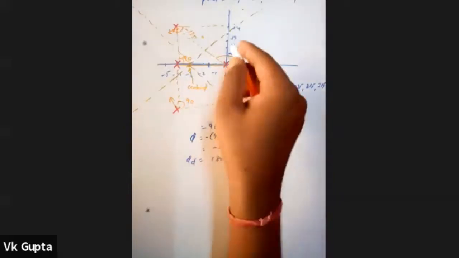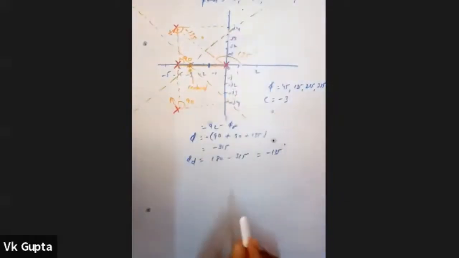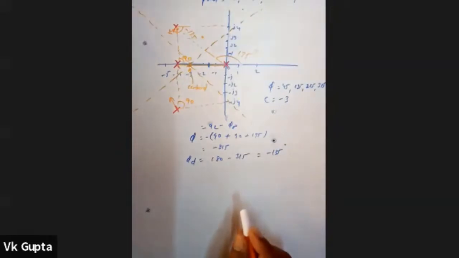Now the last part is intersection with imaginary axis.